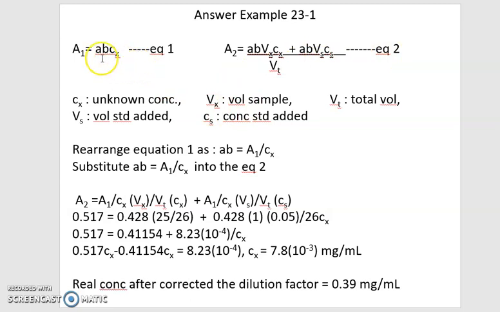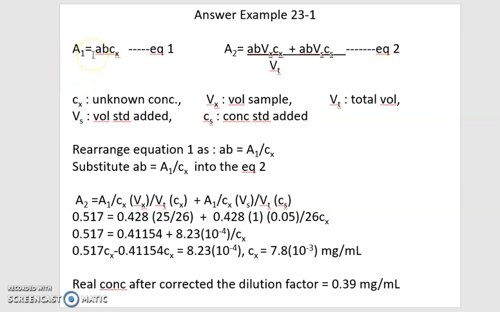Please take note that the A and B in equation 1 and equation 2 have the same values. The B in equation 1 and equation 2 is the same because they are using the same cuvette cell with the same path length.